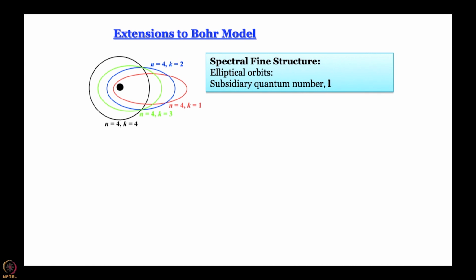Now, we all know about S, P, D and F. Well, the letters came for historical reasons, from spectroscopic observations. S means sharp, D means diffuse, and so on. So, those names were assigned to some of the small k values. So, this is how the subsidiary or secondary or azimuthal quantum number came.